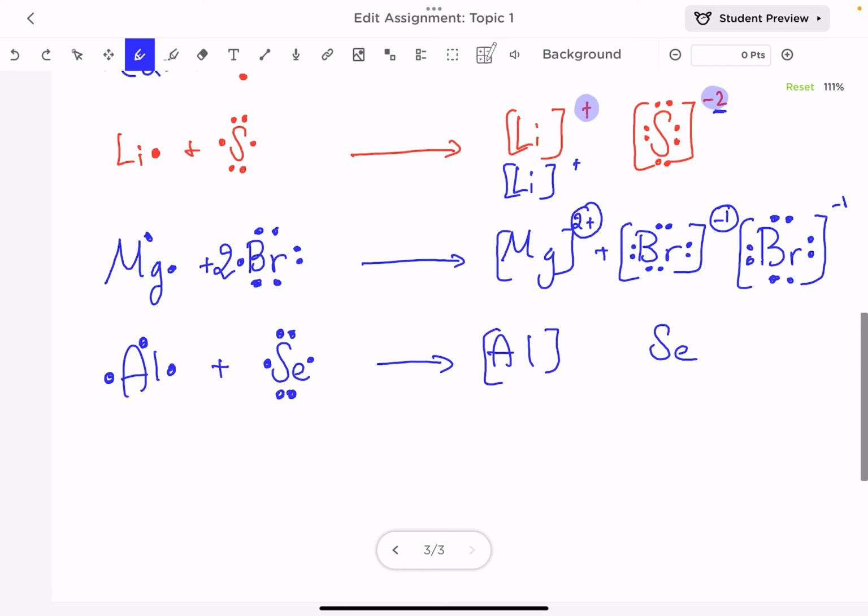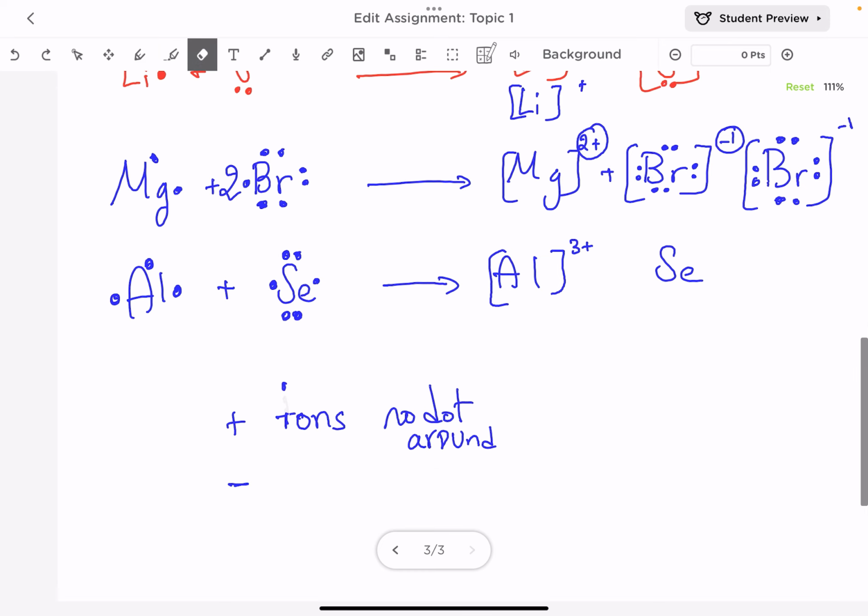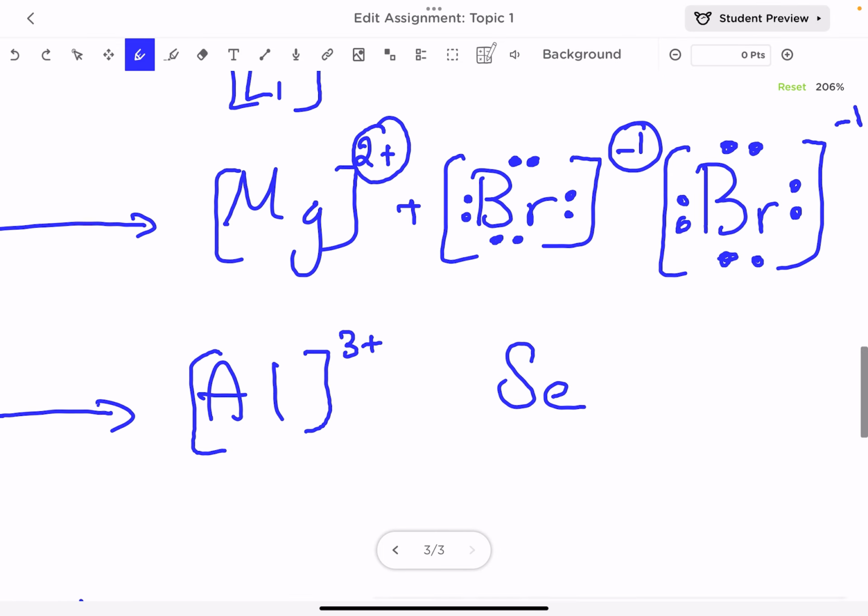The aluminium is going to completely lose those electrons and turn positive. And as I said, the positive ion, no dots around. And for the negative ions, you always place 8 dots around. So here, selenium belongs to group 16, so it will have a negative 2 charge. So I will place 8 dots with a negative 2 charge.